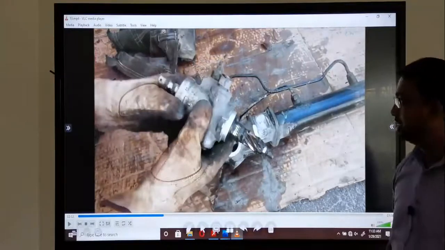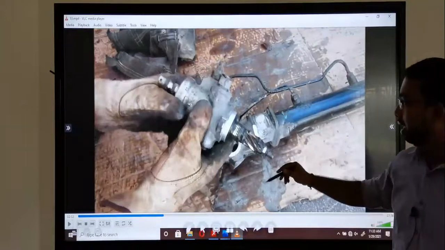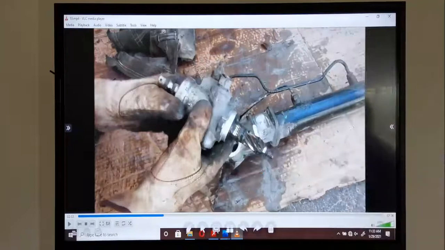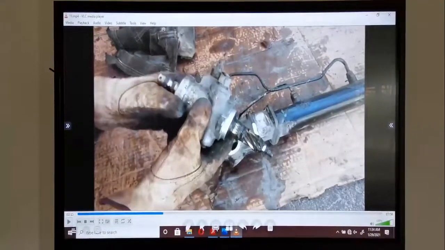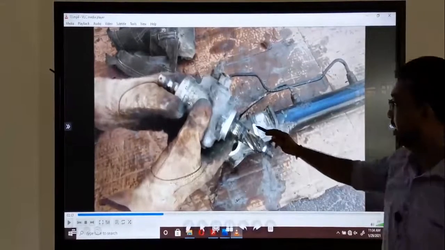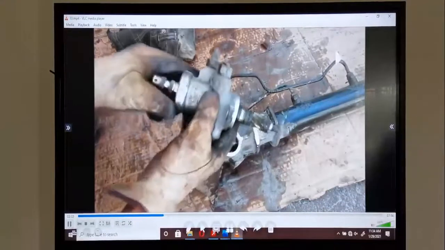He took the control valve, and here you can see this is the pinion. This pinion is connected with the rack. This is the control valve.